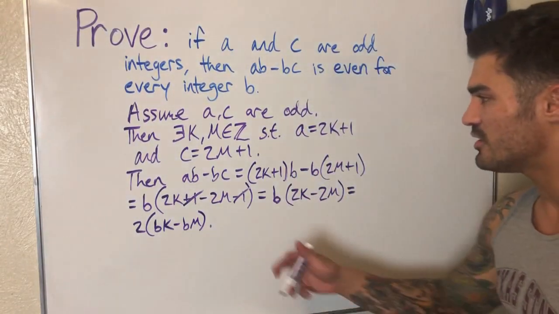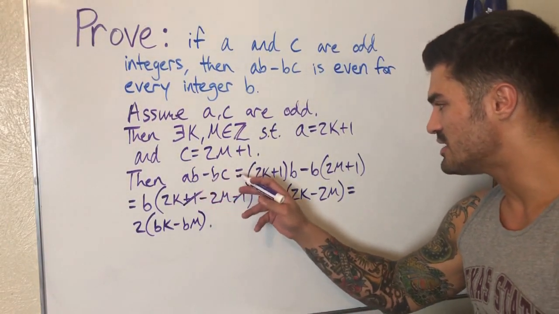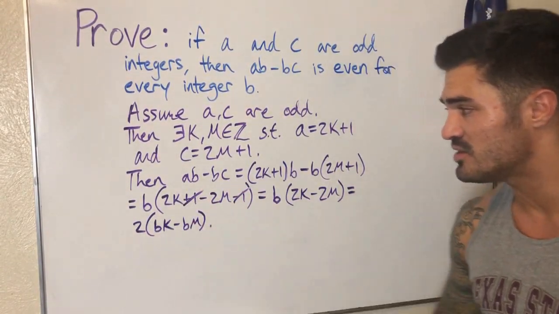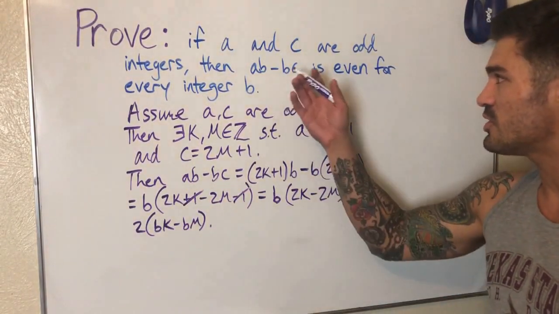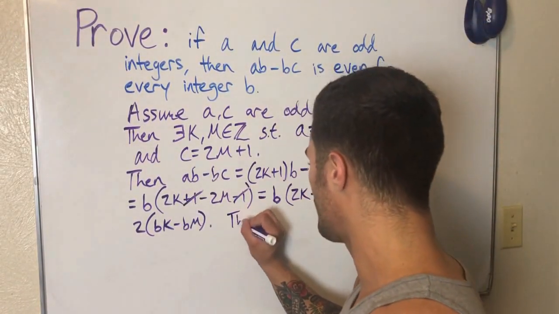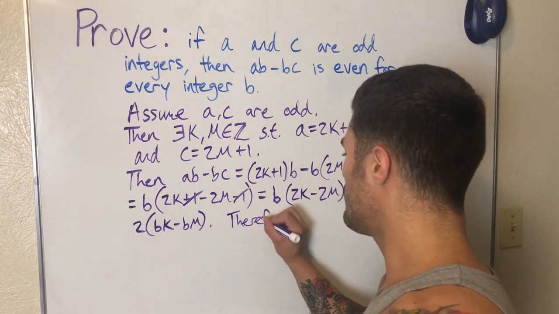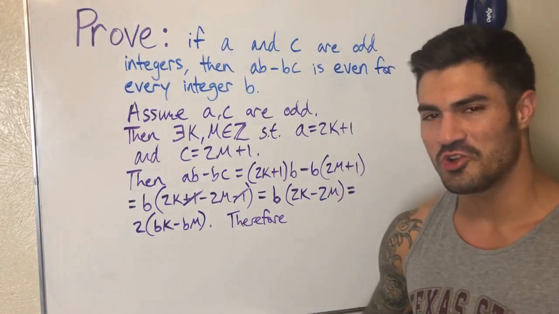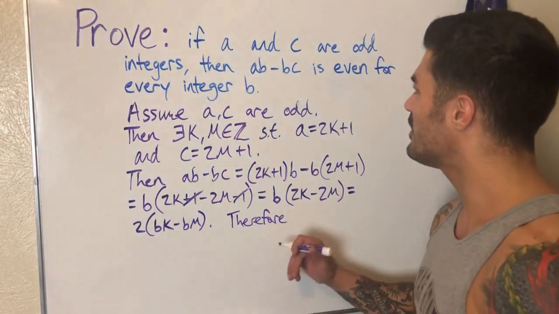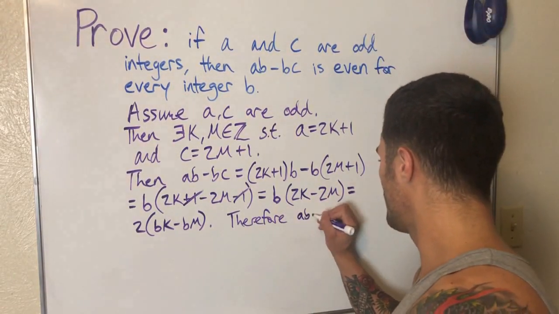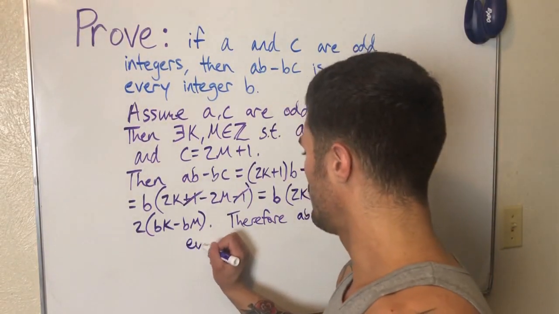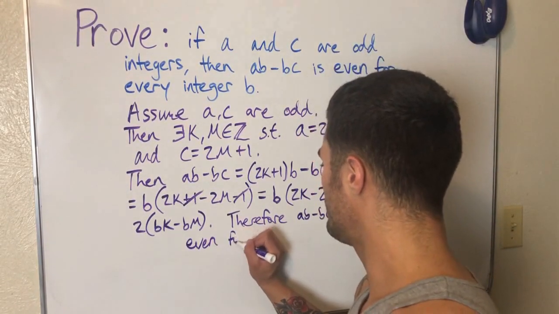So I think I'm good here. ab minus bc equals, and I have this string of equal signs, and I end up with 2 times an integer. That's what I wanted to show. I wanted to show ab minus bc is even. That's exactly what I just did. Therefore, and it's always good to go back and double check. Be like, am I sure I just showed what I think I showed, right? Because sometimes you realize you didn't. Okay, therefore, ab minus bc is even for every integer b.